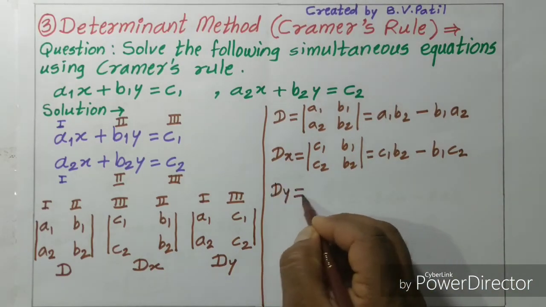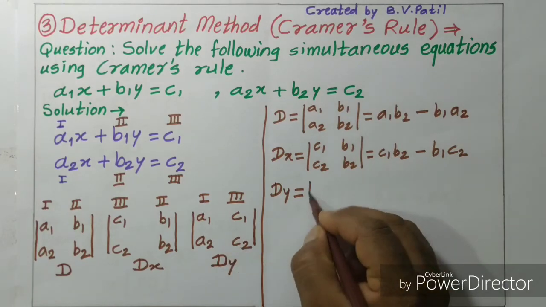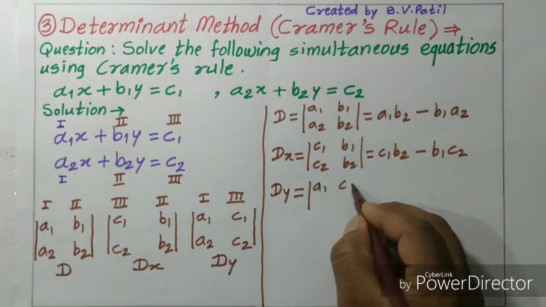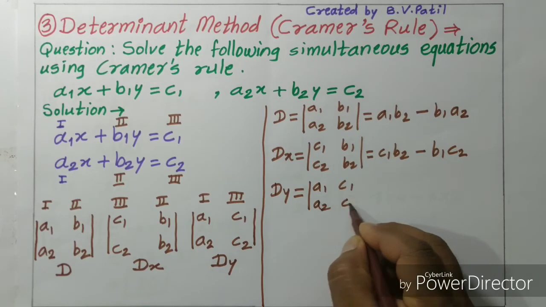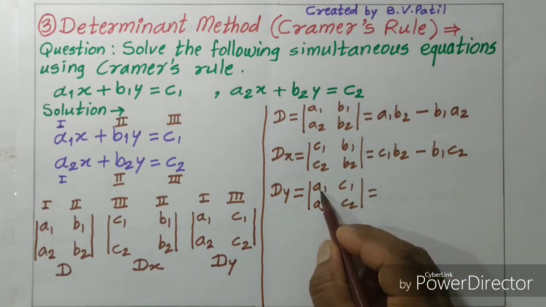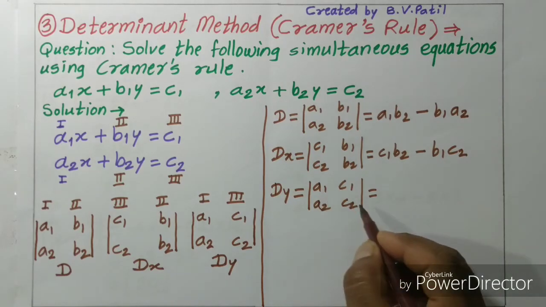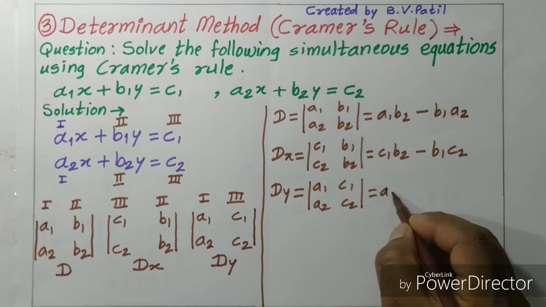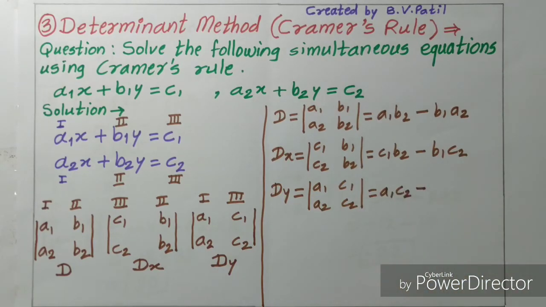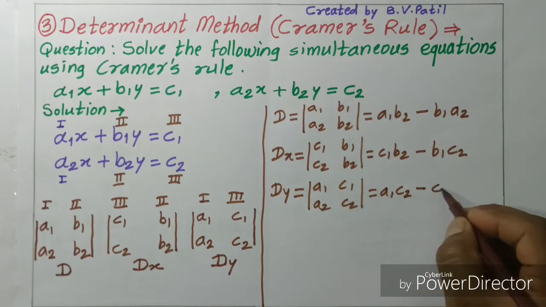Then dy is equal to this third determinant. The first multiplication is A1 into C2, minus, the next multiplication is C1 into A2.